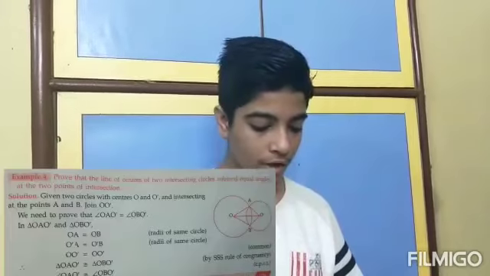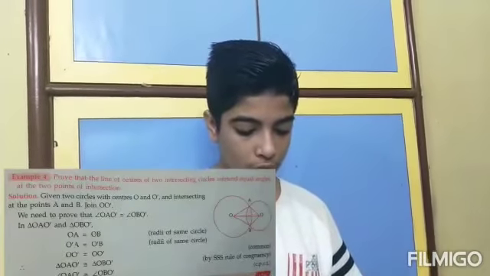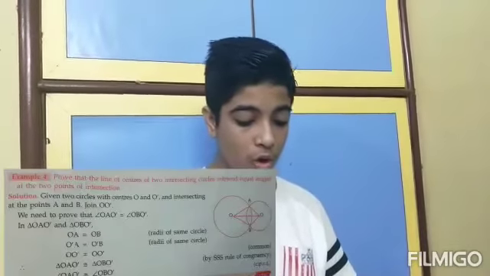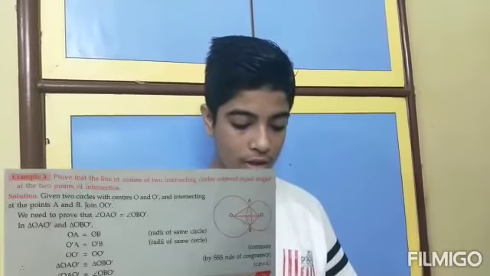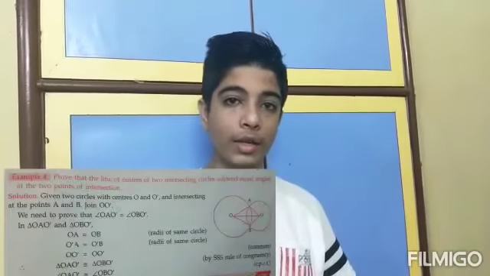So triangle OAO dash is congruent to triangle OBO dash, and so angle OAO dash is equal to angle OBO dash. Hence proved.